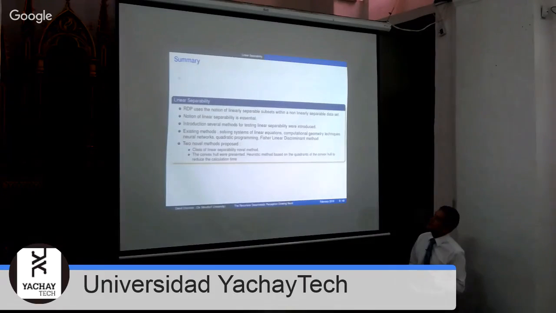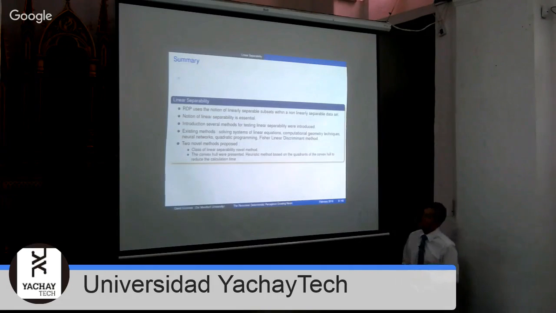So briefly, we have total linear equations, computational geometry, neural networks, support vector machines, and the estimated feature linear estimation method. And I've also introduced a brand new method for testing, which is the class of linear separability, and the use of the convex hull for a heuristic that looks into quadrants and finds very quickly whether two classes are not linearly separable.